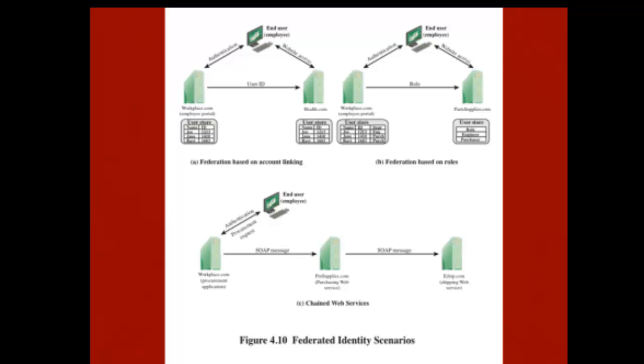It's health.com that manages user identities for every employee at workplace.com and associates with each identity health benefits information and access rights. In this example, the linkage between the 2 companies is based on account information, and user participation is browser-based.